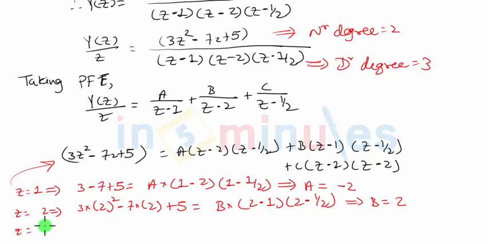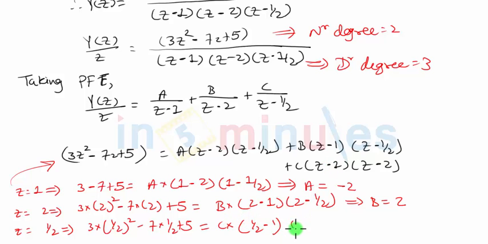If I now put z equal to half, then I get 3 into half squared minus 7 into half plus 5. And this will be equal to, this time half minus half, first term will be 0, second term will also be 0. You will have third term, half minus 1 into half minus 2. So similarly, if you solve this equation, because there's only one unknown, c will come out to be equal to 3.